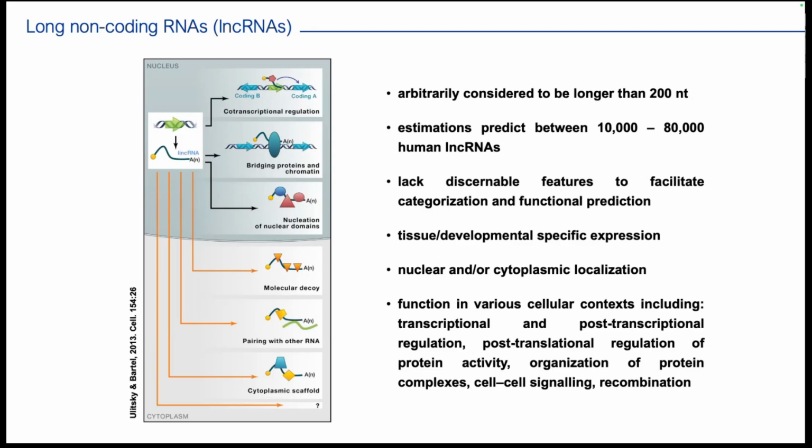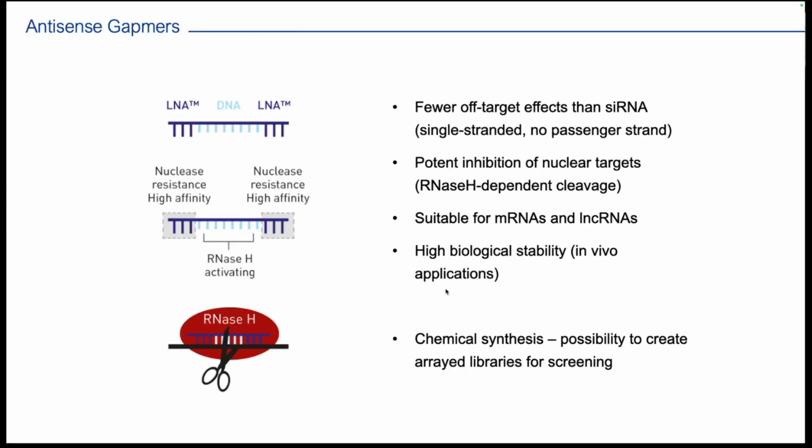These are the libraries. So typically what people who work with long non-coding RNAs do is that in their specific system, they sequence what are the lncRNAs that are there, and then eventually they target these long non-coding RNAs that are differentially expressed or of interest. And to target long non-coding RNAs, the tool of choice, and this is why I brought this slide, is what is called the gapmer.